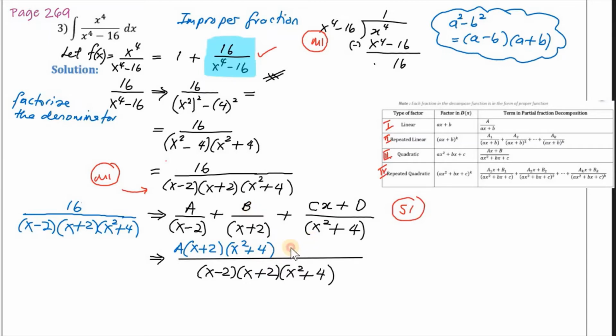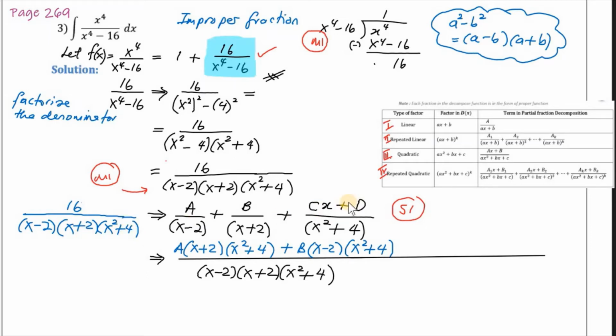Let's do the same thing for B. Check my work. Take all this and put it on the side of this factor, so x plus 2 cancels out, and you are left with x minus 2 and x squared plus 4. And what about this one?